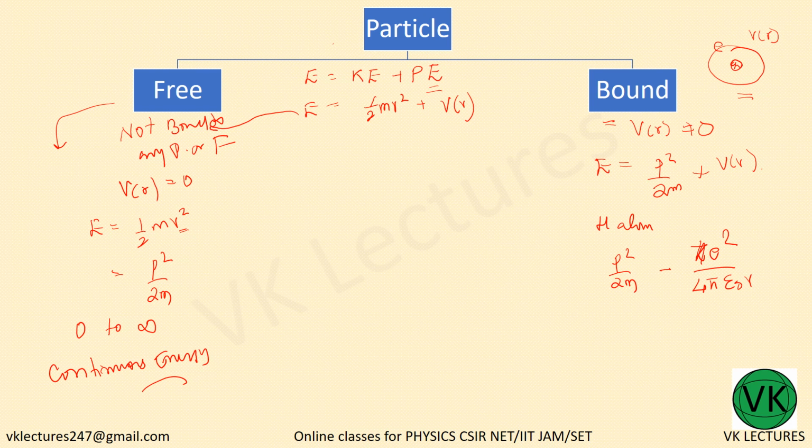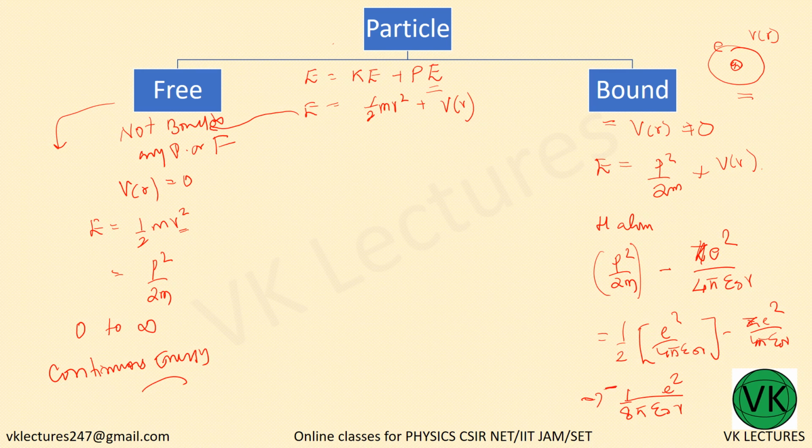For the hydrogen atom, this value is also equal to 1 by 2 into e square divided by 4 pi epsilon naught r minus e square divided by 4 pi epsilon naught r. Together we get e square divided by 8 pi epsilon naught r with a minus sign.